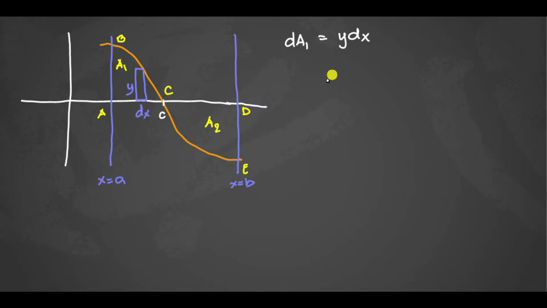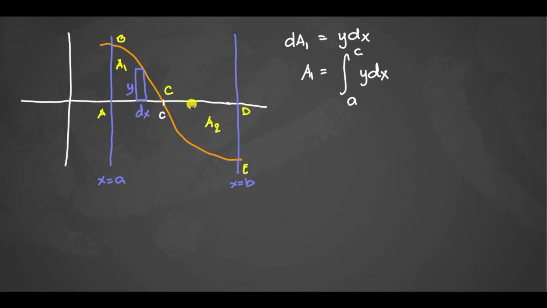And applying the integration, we will have the area 1 as the integral of y dx evaluated from A to C. Then the next step is to construct a rectangle here.